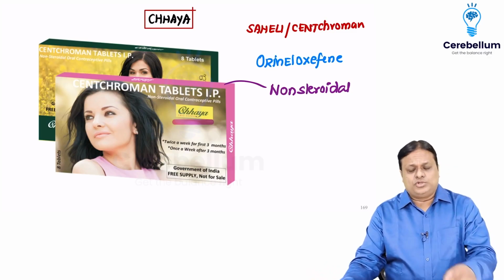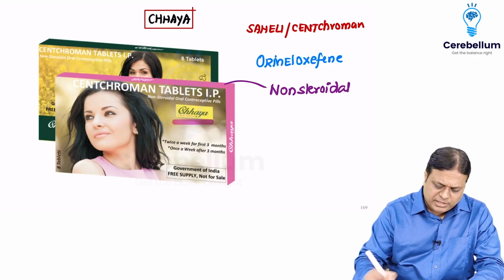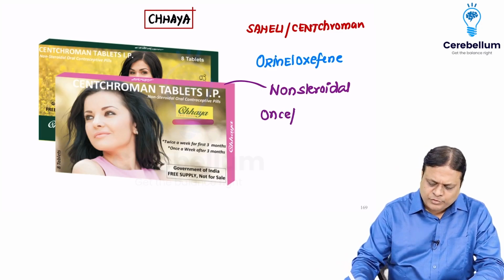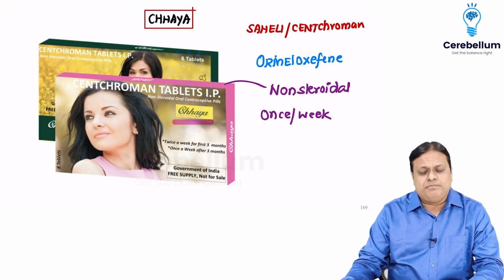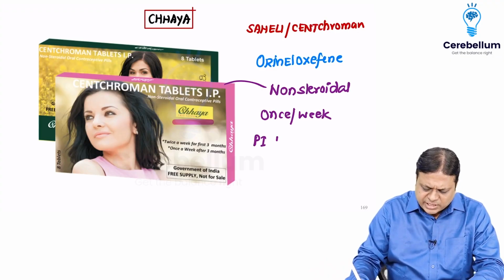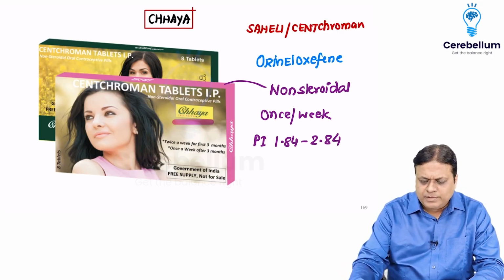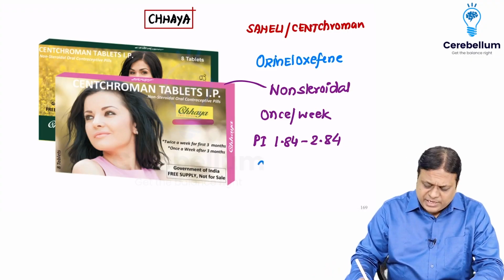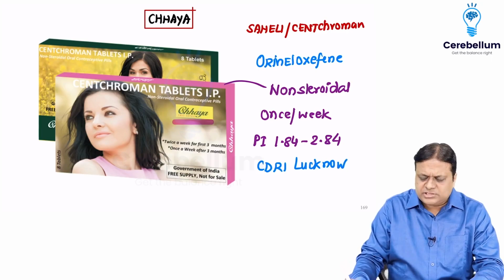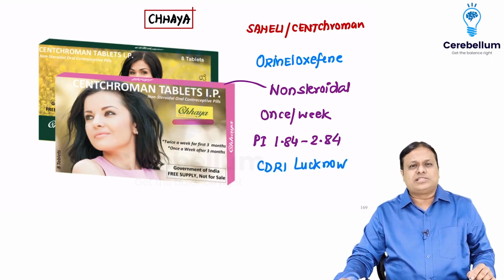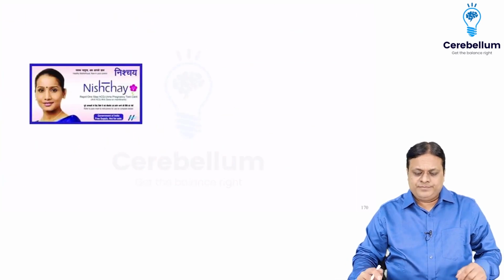No estrogen, no progesterone. Also, it is a once a week pill. For the first 3 months, it is given twice a week, then a once weekly pill. Its Pearl index is high, 1.84 to 2.84 per 100 woman years, developed by CDRI Lucknow. This Chhaya or Saheli contraceptive is contraindicated in polycystic ovarian disease.